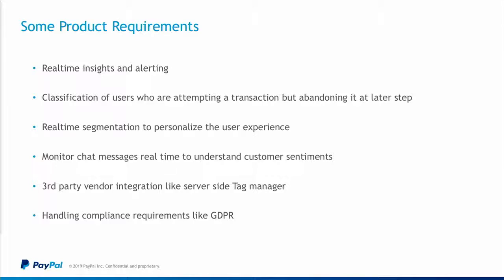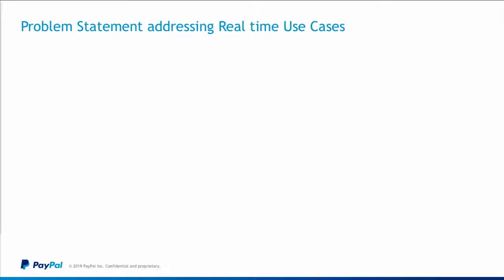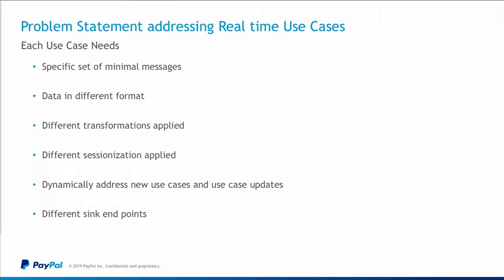So these were the different requirements we were getting, and we thought through them. What we understood is that every use case has different needs. First of all, the data stream which you saw earlier, we are ingesting 18 to 20 billion events per day, which translates to somewhere around 200K to 500K events per second.